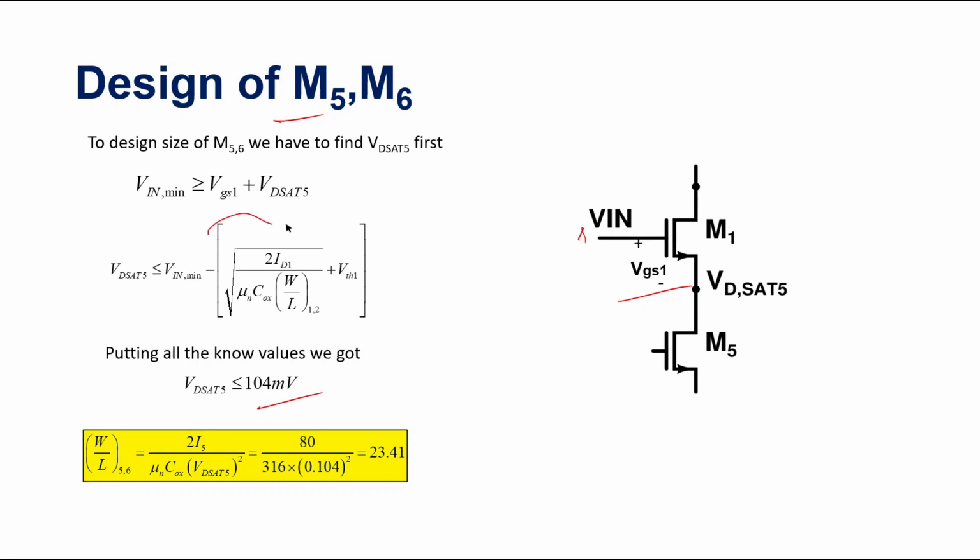For that, first we have to calculate VGS1 from previously calculated values, and Vin minimum is the specification, that is 0.4 ICMR minimum, and using this we have found the value of VDSAT of 5. Our VDSAT of 5 is further put in this equation to find the aspect ratio of M5 and M6 to be 23.41.